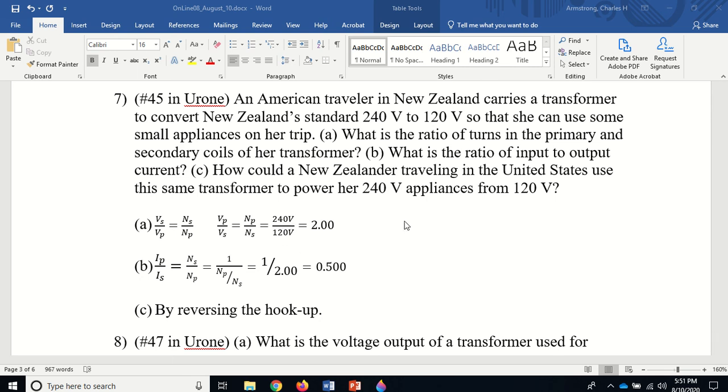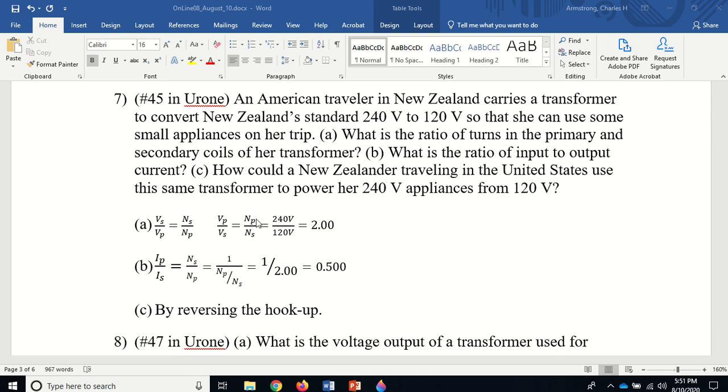Okay, what is the ratio of input to output current? Input current is the primary current, output current is the secondary current. You've got the same thing here: IP over IS equals NS over NP, and so that's the same as 1 over NP over NS.